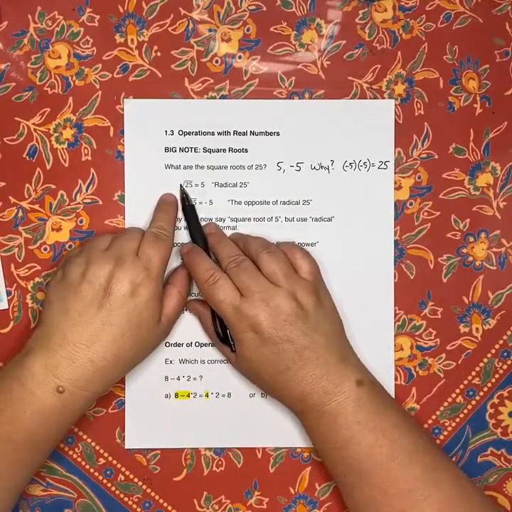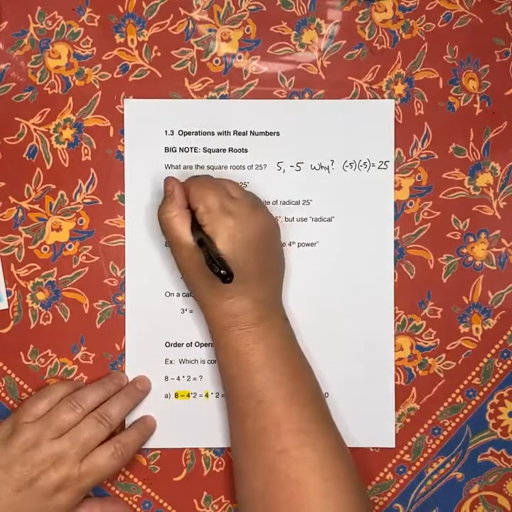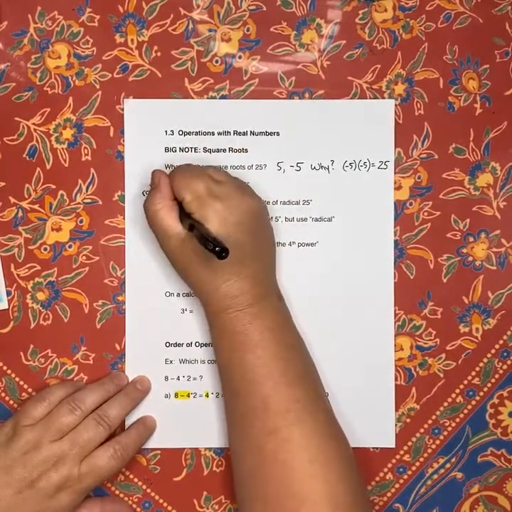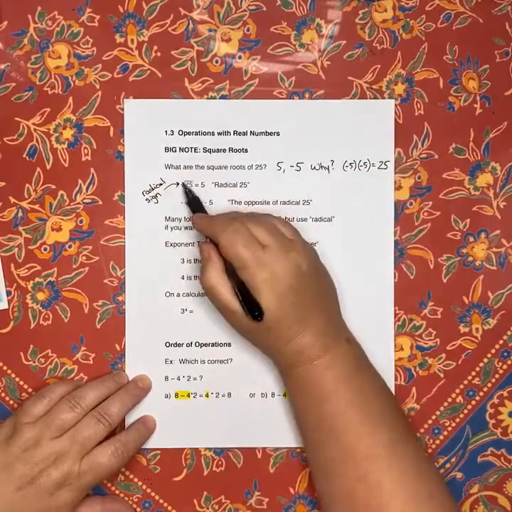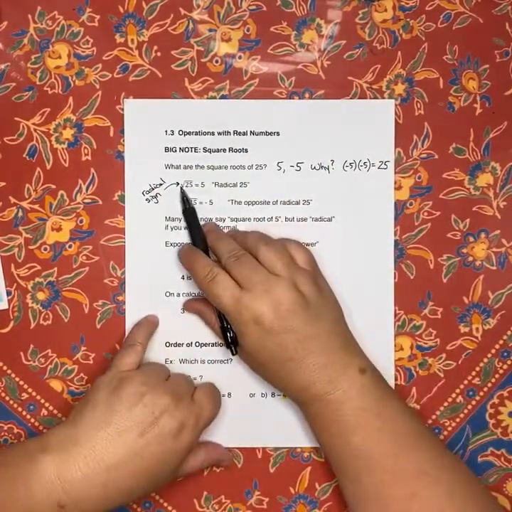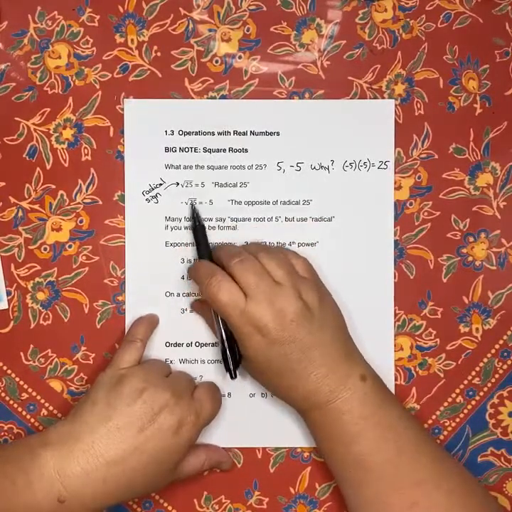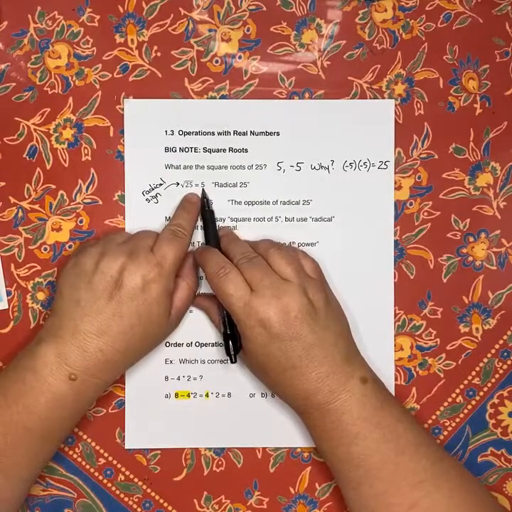If you write the square root sign, which is known as a radical sign, this symbol is a radical. So this is a radical or radical sign. If you've got just that thing that people call the square root of 25, the radical 25, you get the +5.